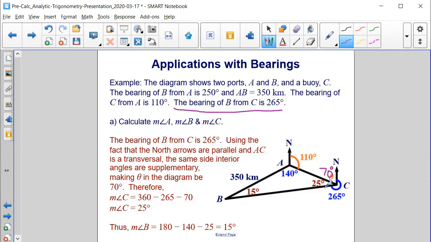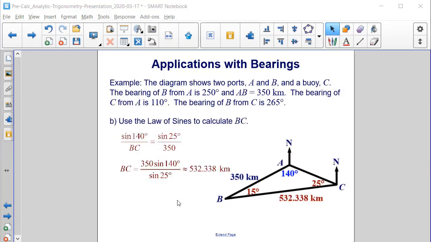And then since all of the angles in a triangle sum to 180, we can subtract 140 and 25 from 180 to get the measurement of angle B, which is 15 degrees. Now that we've found the measurements of all of the angles in the triangle, let's calculate the length of BC using the law of sines.